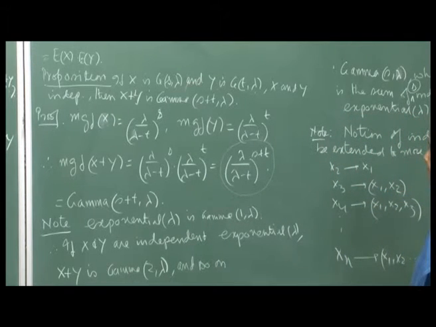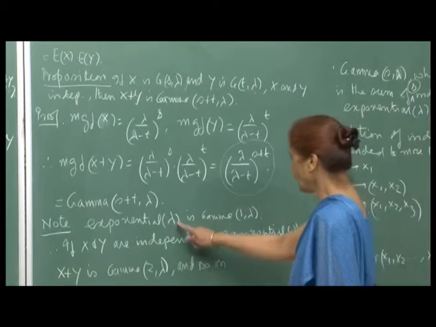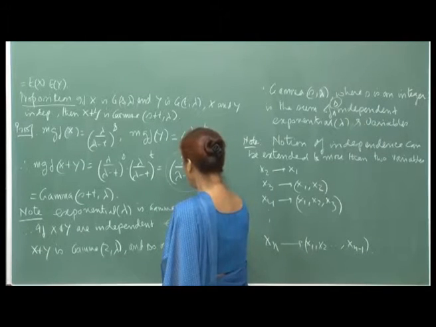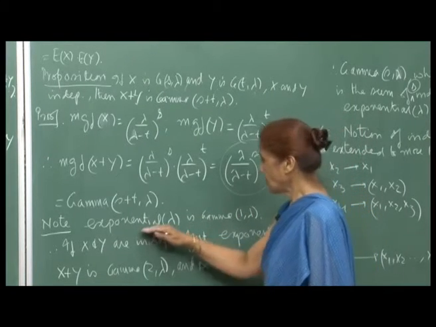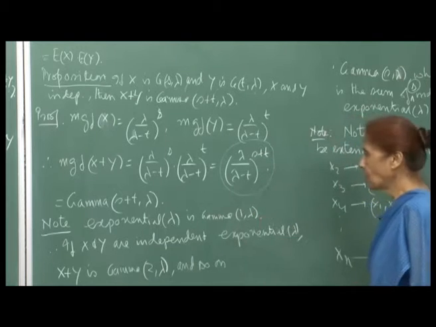Okay. And now, I had already mentioned this relationship between the exponential and gamma. I had said that exponential lambda is gamma 1 comma lambda. That means the first parameter is 1. So, when you have an exponential random variable, it is also gamma 1 comma lambda.